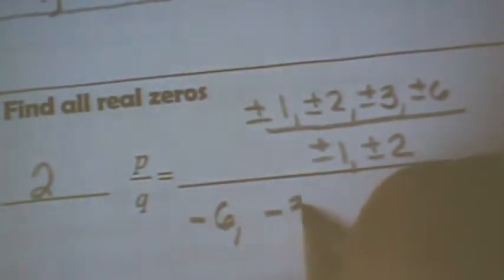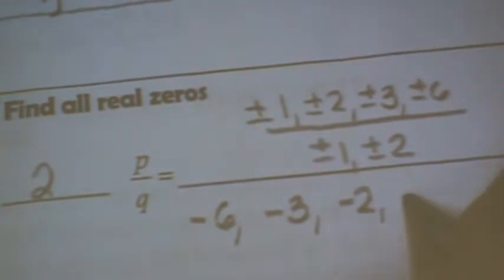So if we looked at this list, can you list them all for me? You have -6, -3, -2, -1, 1, 2, 3, 6, and then you have some fractions. You have 1/2, you have 3 halves.